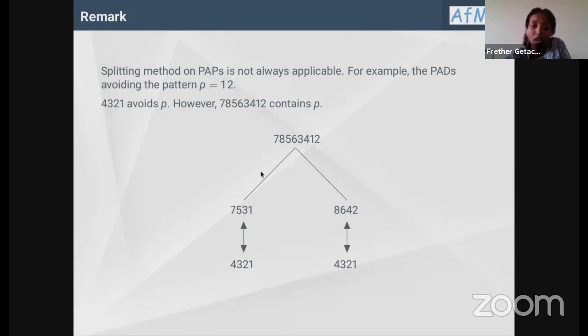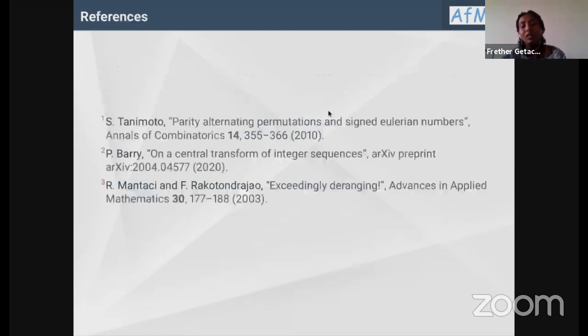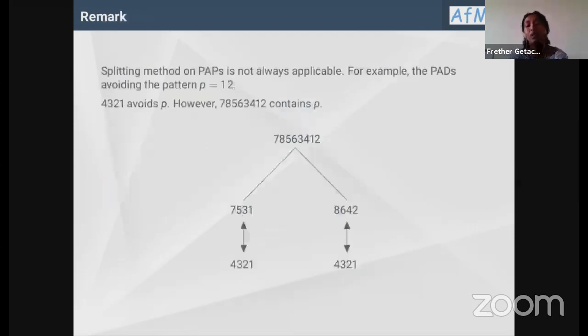If we apply the splitting method, we have the odd integers 7, 5, 3, 1 and the even integers 8, 6, 4, 2, and they are bijectively written to one derangement, which is 4, 3, 2, 1. This avoids P. However, the original path does not avoid P; it actually contains P. So we show here that the method we use is not applicable all the time, and one example is pattern avoidance.